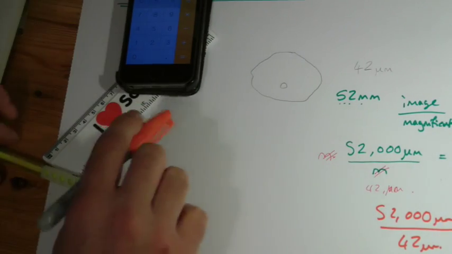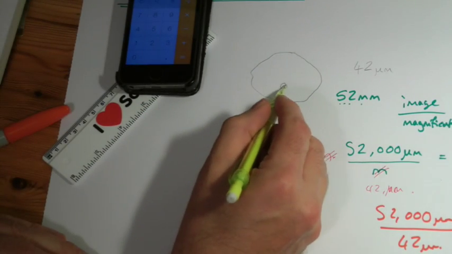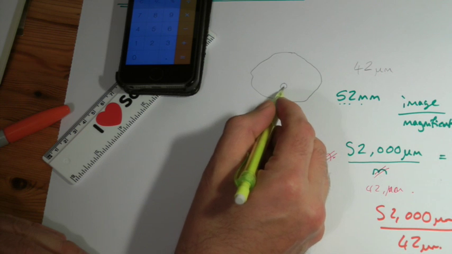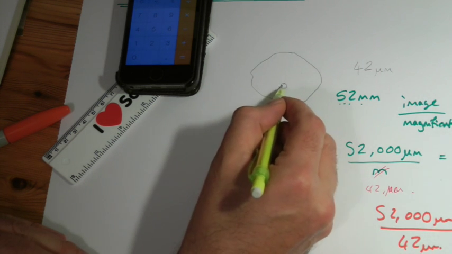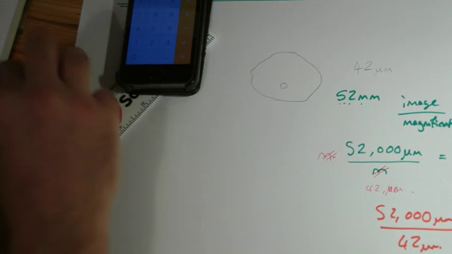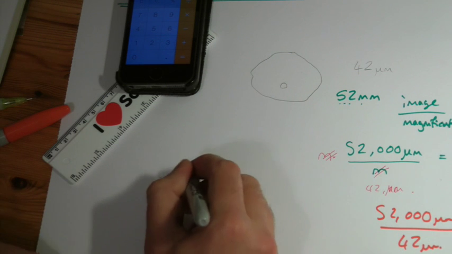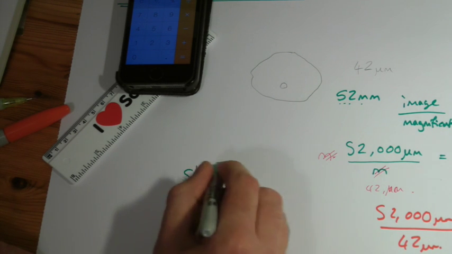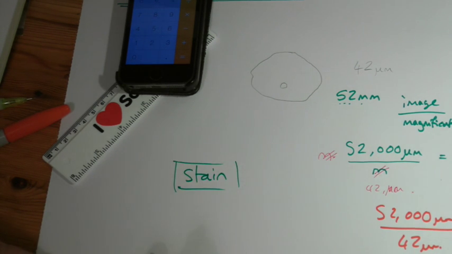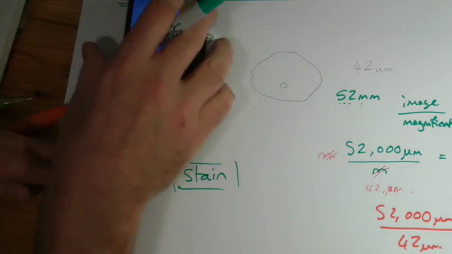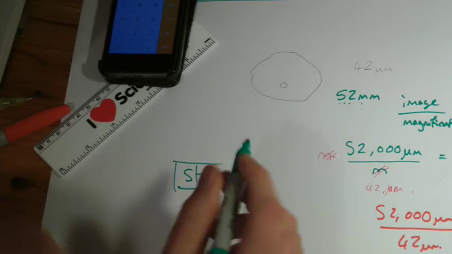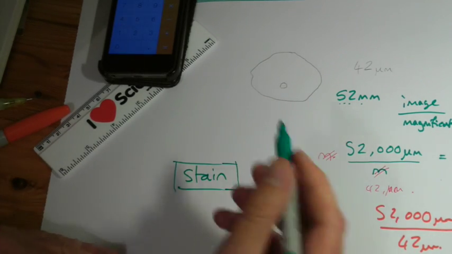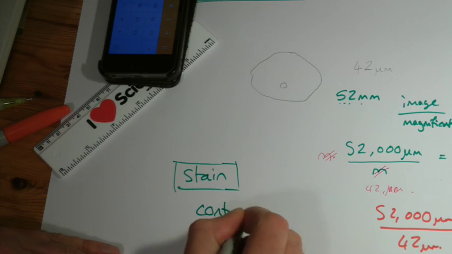I'm just going to mention as well, it popped into my head, when I said here don't shade, you might be tempted to shade in the nucleus if it's been stained with something. A stain in microscopy is any old chemical that is put in to increase the contrast.